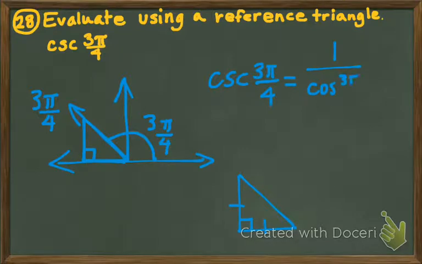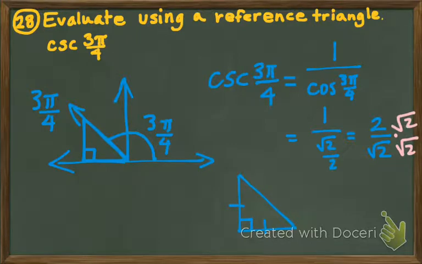Well, the sine of 3 pi fourths would be the square root of 2 over 2. So if I have 1 over the square root of 2 over 2, that is equal to 2 over the square root of 2. And as much as you might be tempted to leave that, since I said it's okay, watch what happens on this one if you get it out of there.